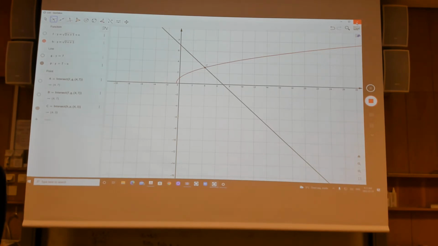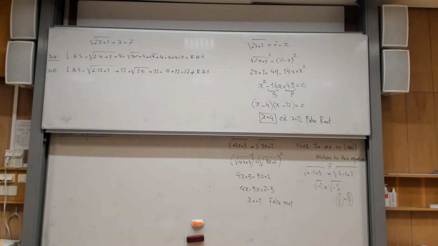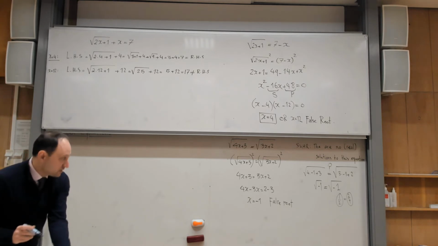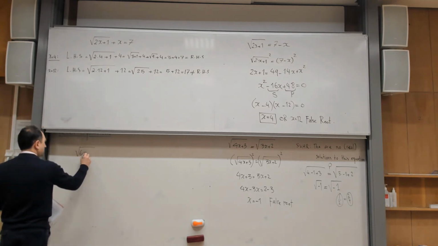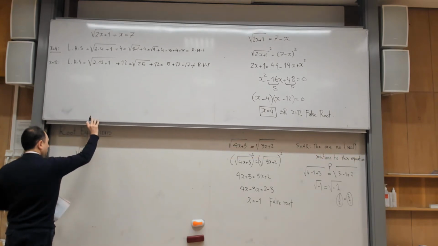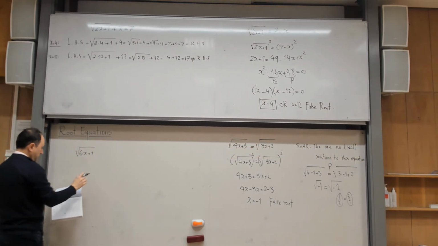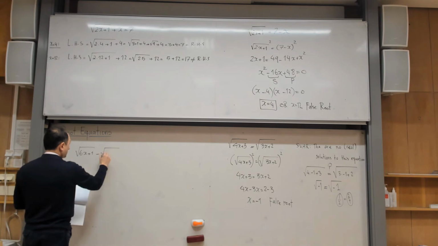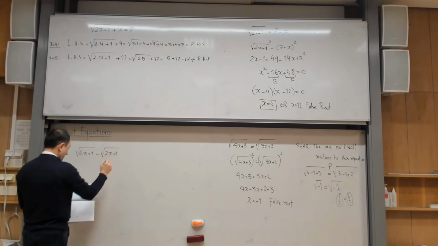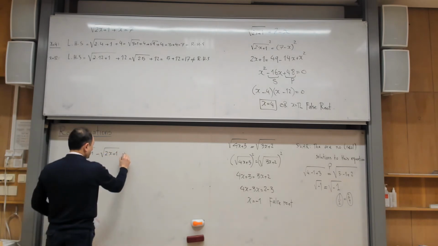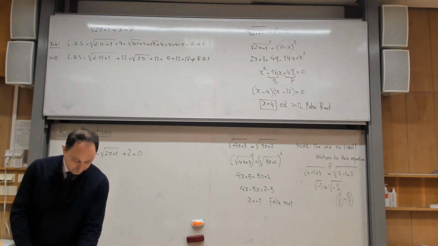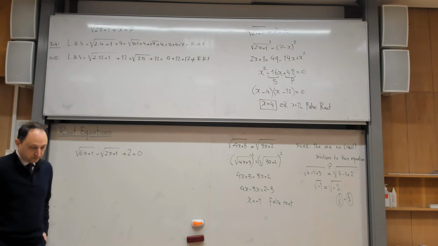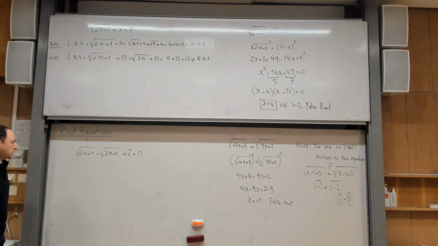Okay. So the question in the book is square root of 6x plus 1, minus square root of 2x plus 1, plus 2 equals 0. Okay, so I want to hear from you.